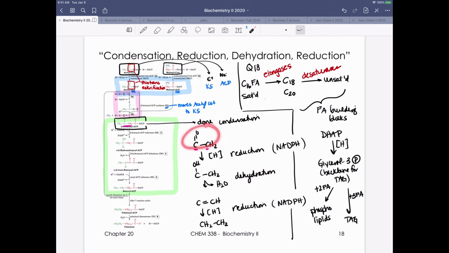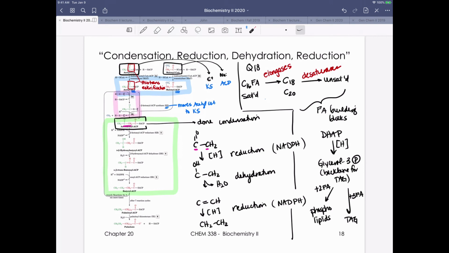So we take a carbonyl, a ketone, we reduce it to an alcohol, we then dehydrate it to an alkene, and then we reduce it to an alkane. Both of those reduction steps are going to occur with NADPH. And then again, we're going to see elimination of water in our dehydration step. And then again, that condensation step was the chemistry that we've just been talking about.